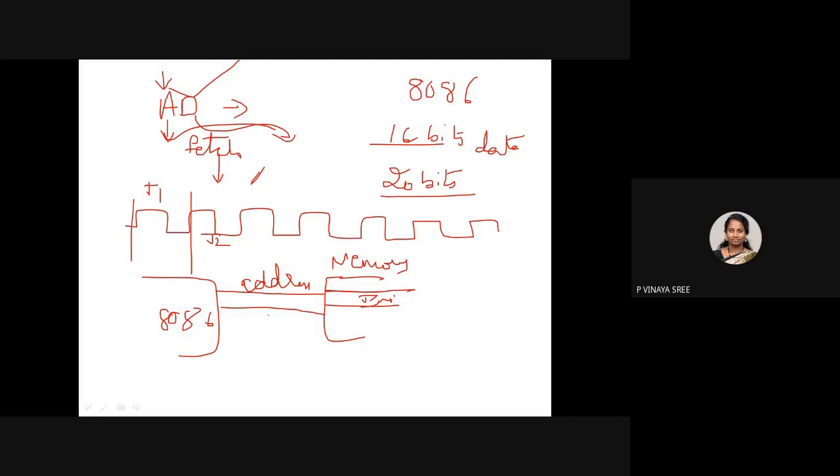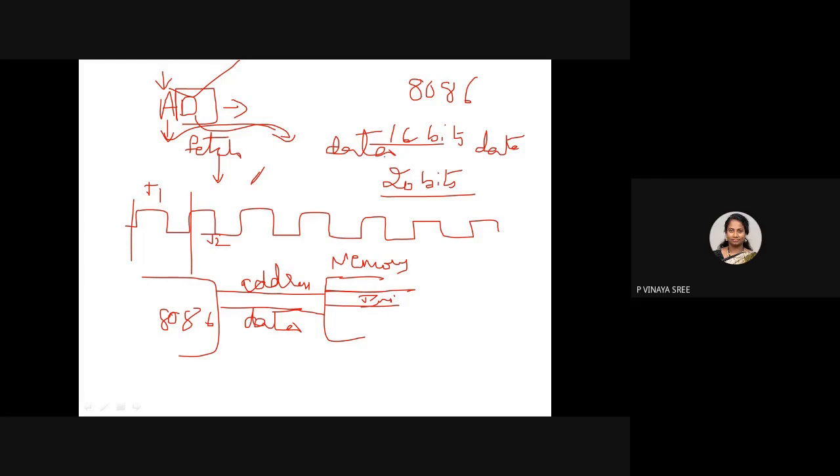Once it is ready, it can take that data. For the remaining timing signals, data will be activated, so that the processor will execute that instruction. This is all about AD0 to AD15. From these multiplexed lines, we are done with the data.